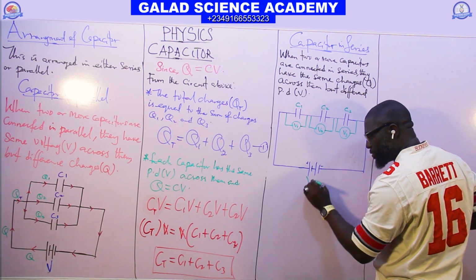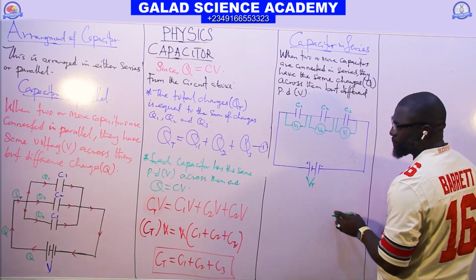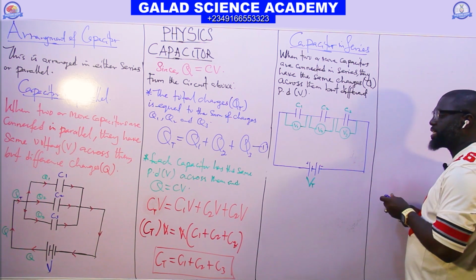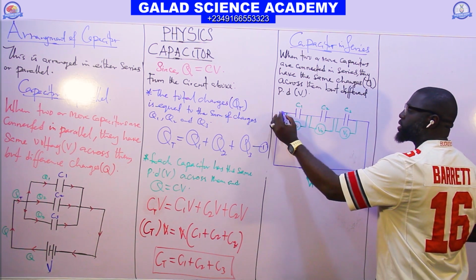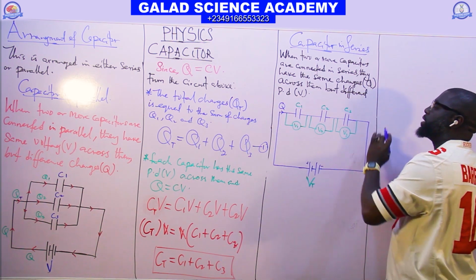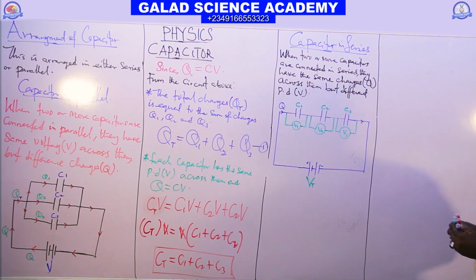All together we have V total. But in terms of charge, it is the same charge that passes through the three capacitors.